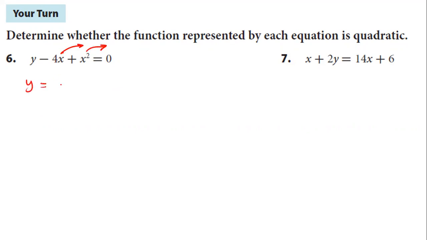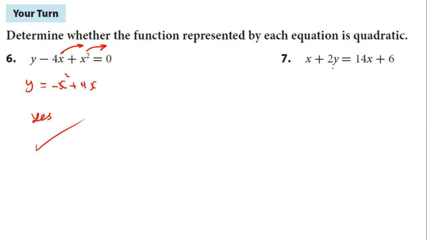So y equals x squared plus 4x. Ask yourself, does the x squared term exist here? Yes. So this is a quadratic one.